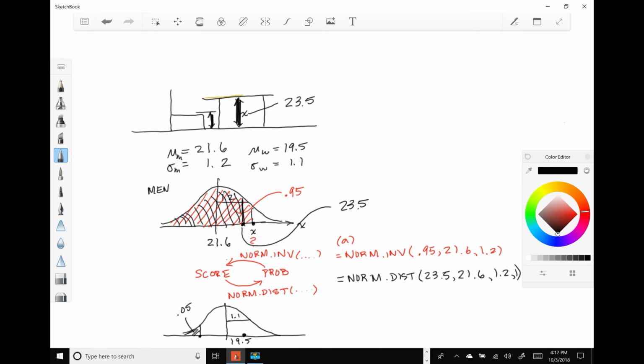And then the question is what percentage of women fit this table? Well, so we'll take the formula that I just used and change the mean and standard deviation to 19.5 and 1.1. Hold on.